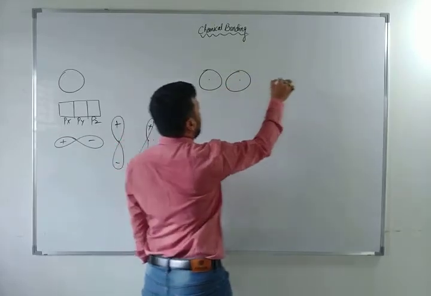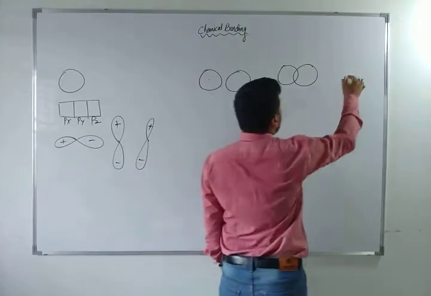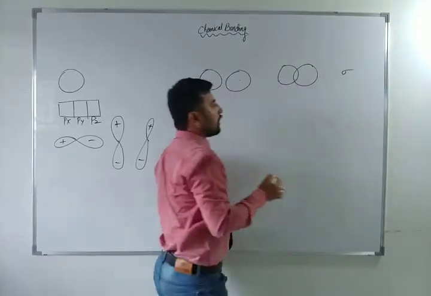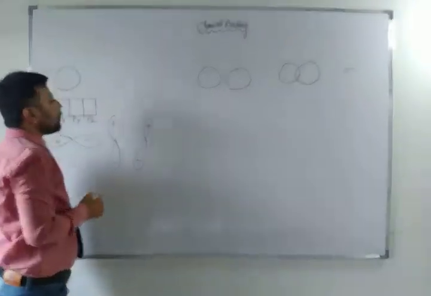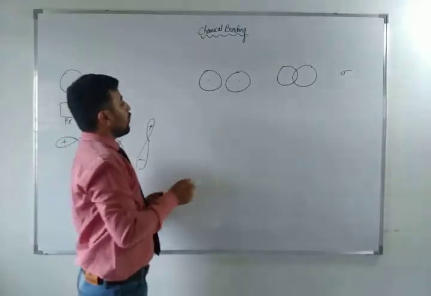Both the s orbitals have overlapped and they have formed a sigma bond. Remember this point, how this overlapping occurs. S orbital and s orbital overlap and form a sigma bond.